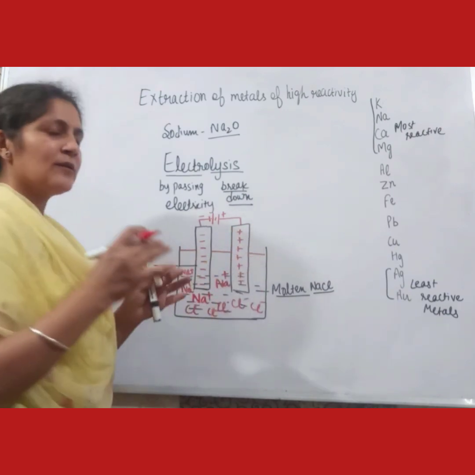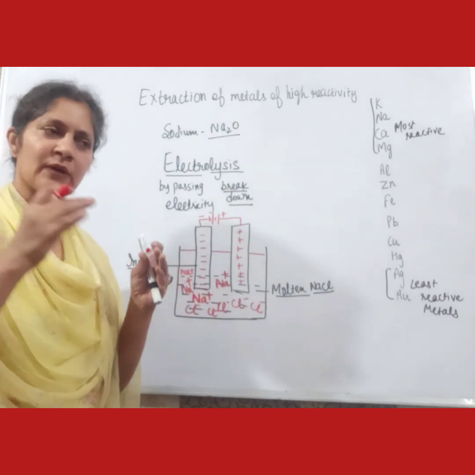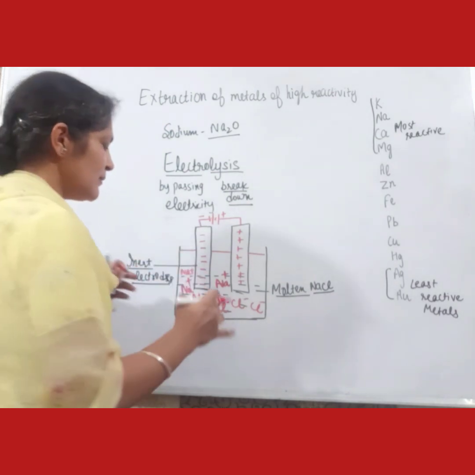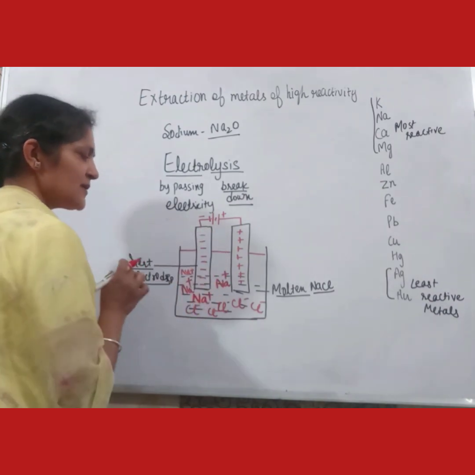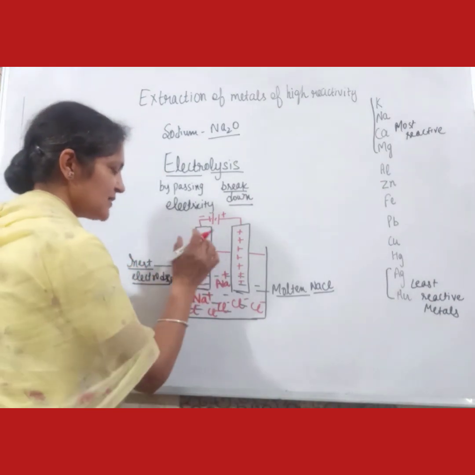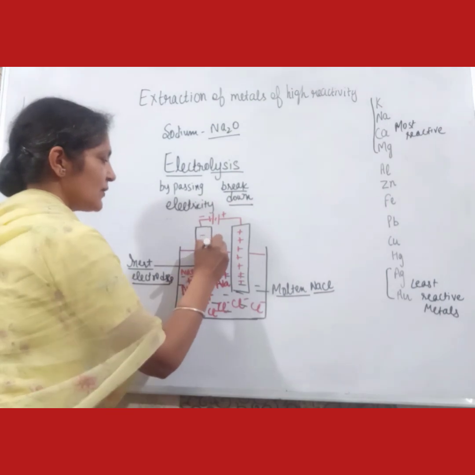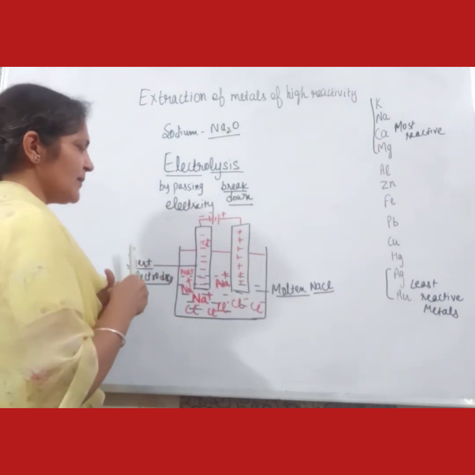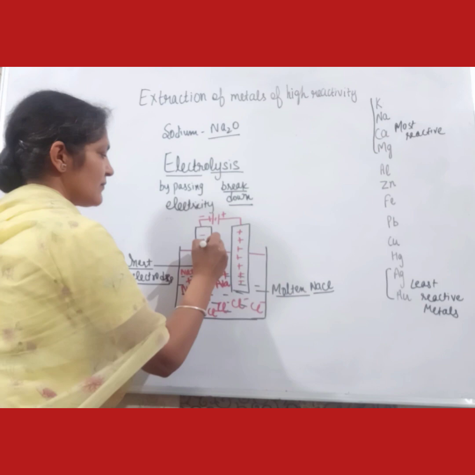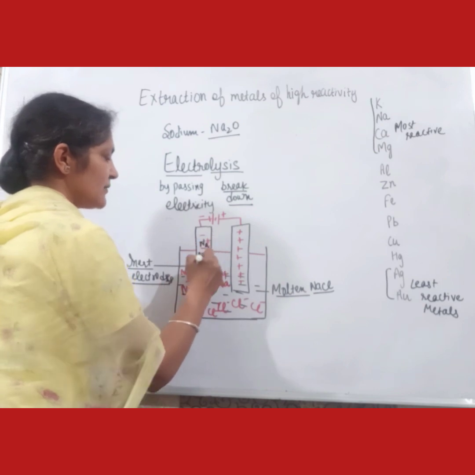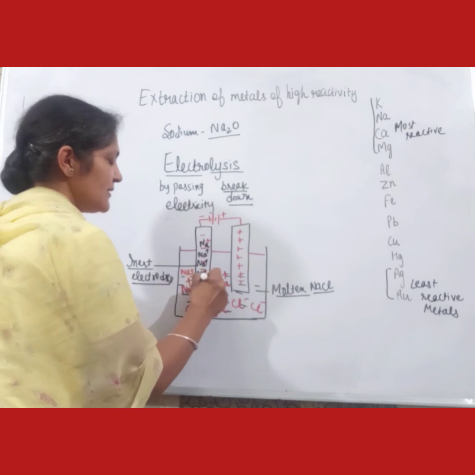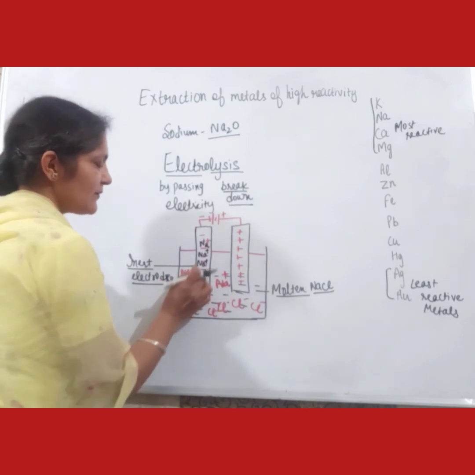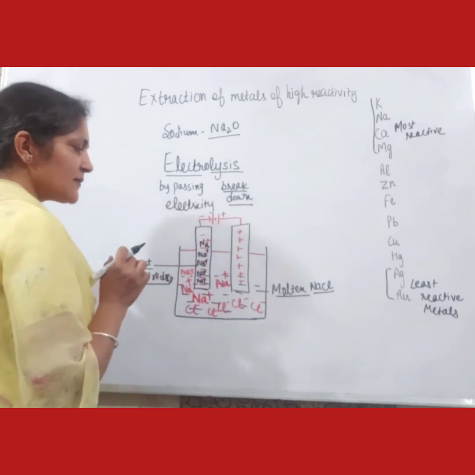When we join it with the battery, the positive charges will start flowing towards the negative charges, towards the opposite charges. Sodium ions will start coming over here at the negative electrode, because they are positive and they will go to the negative charges.